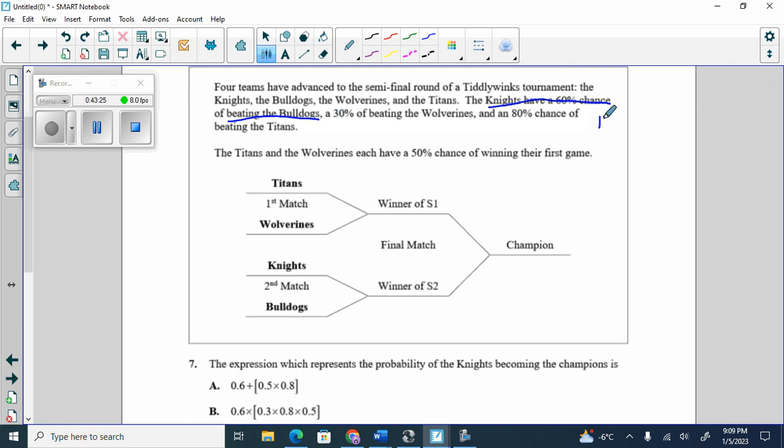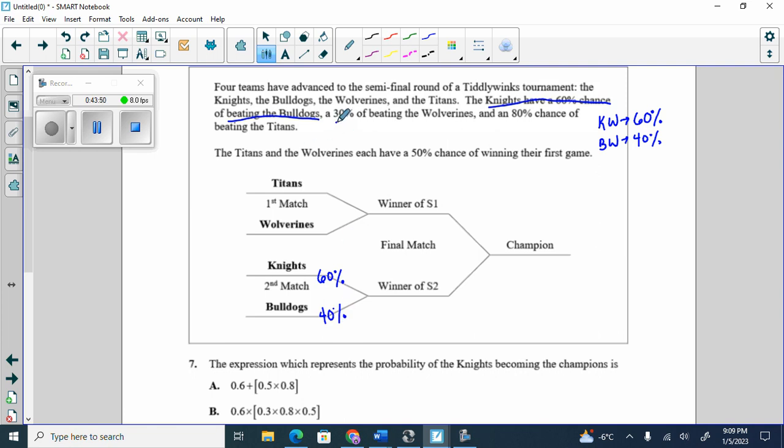So Knights winning, they have a 60% chance. And then Bulldogs winning is a 40% chance. So we would have 60 here and we would have 40 here.